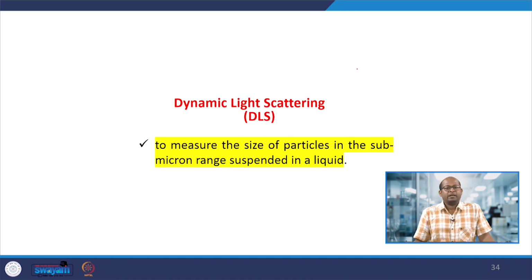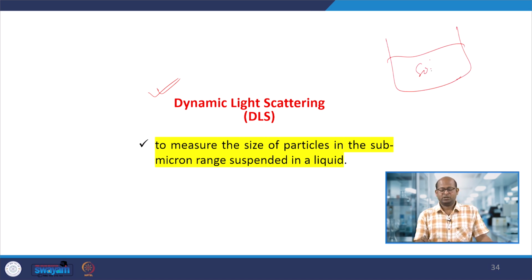Okay. Next is dynamic light scattering. That is also a very useful technique for nanomaterial characterization. Suppose you have nanomaterials prepared in solution, let's say nanofluids, where the nanomaterials may be Fe2O3, cobalt oxide, copper oxide, any metal oxides or iron oxides present in solution.